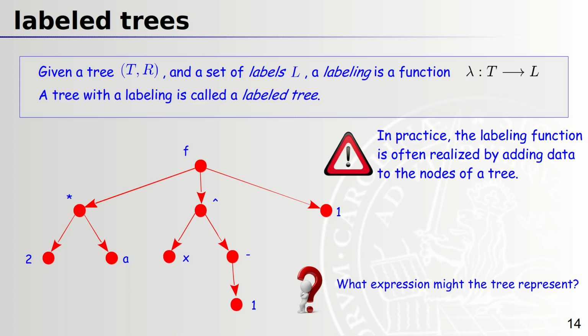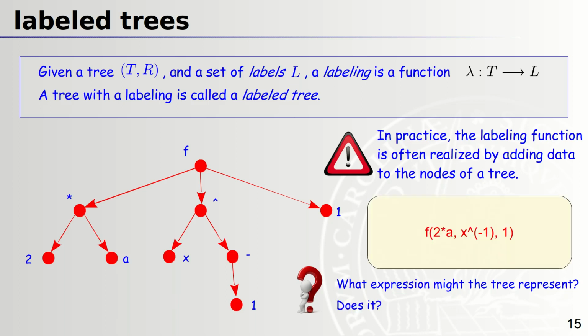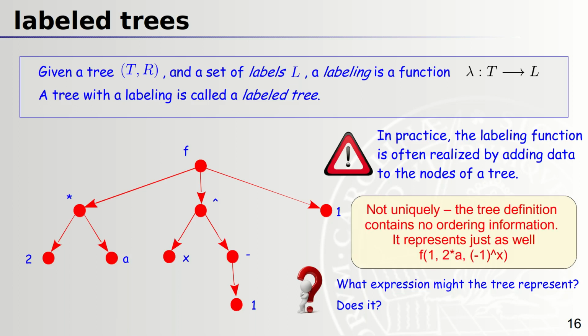Looking at this labeled tree, and suppose it is intended to represent an expression, what expression might that be? Well, this one. But does it actually represent this expression? It's important to understand that it doesn't represent it uniquely.